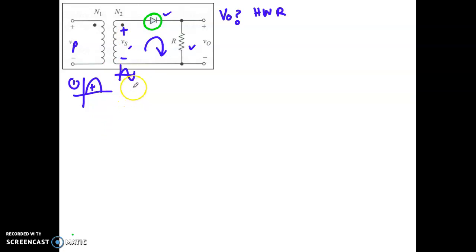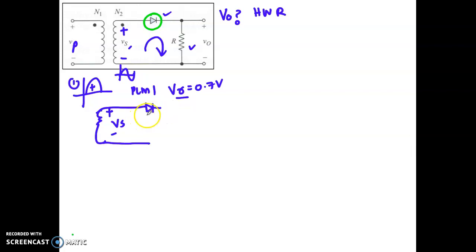Let's say this is PLM1, where you replace your diode with V gamma, that is 0.7 volt. So your circuit will look like this, here will be plus minus Vs, and then is the diode turned on or off in this cycle? Since it is plus and minus, connected to the diode plus and minus, this will be turned on, and then you have a resistor.